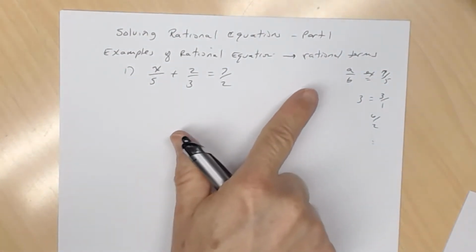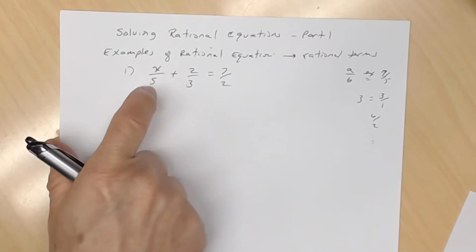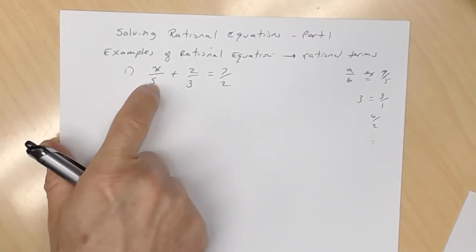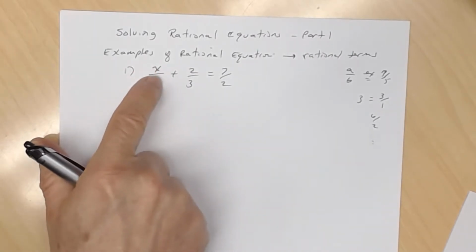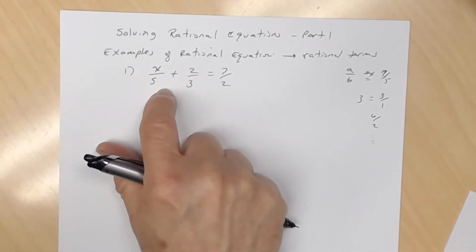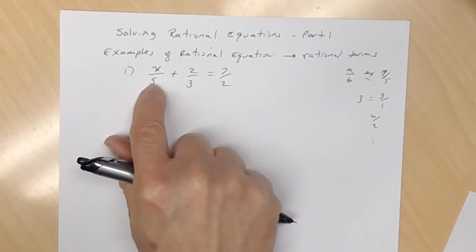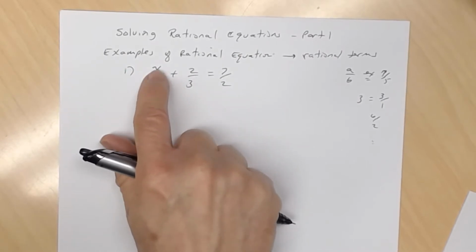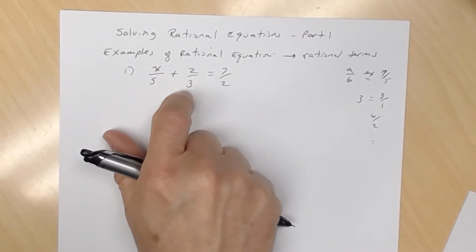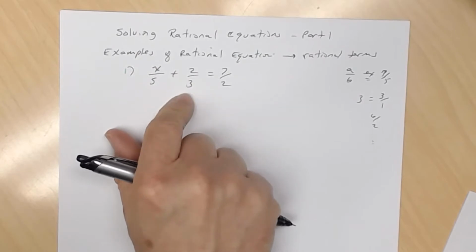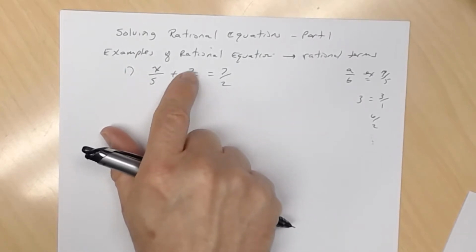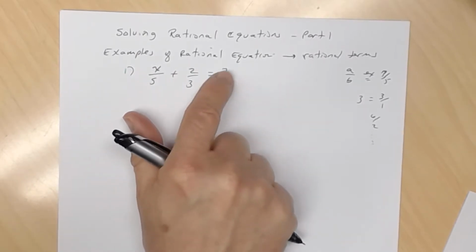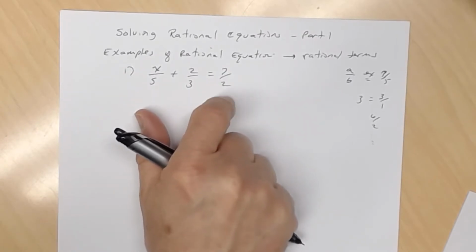But the important part here is this. You notice that this term is a rational term. You have a monomial divided by a monomial in this case. Notice that these are monomials, one term. 2/3 is a rational term. You have something that looks like a fraction.